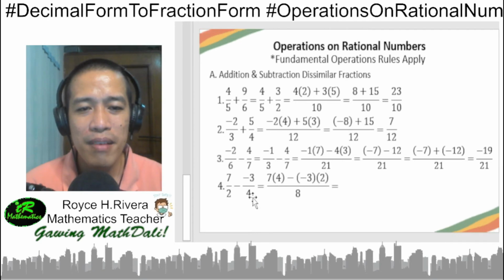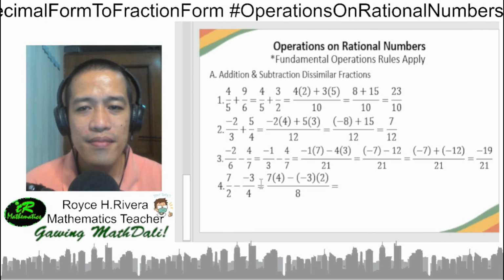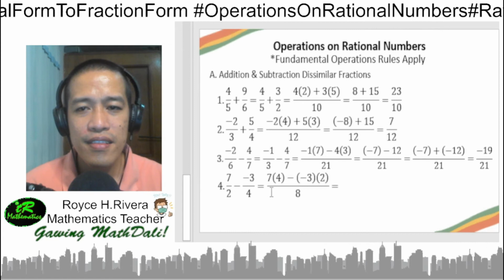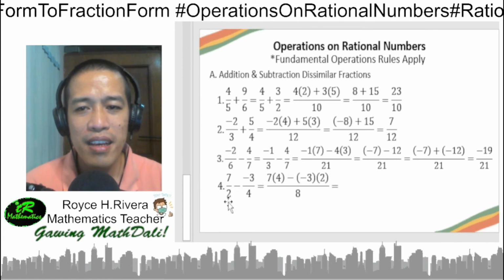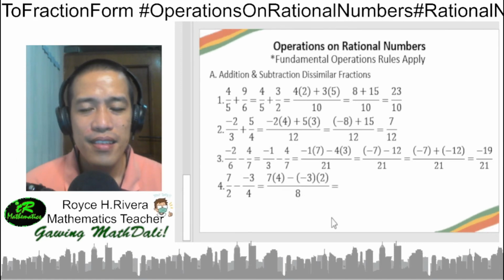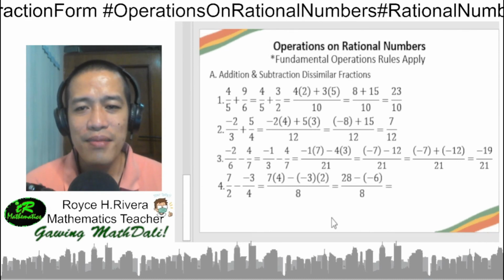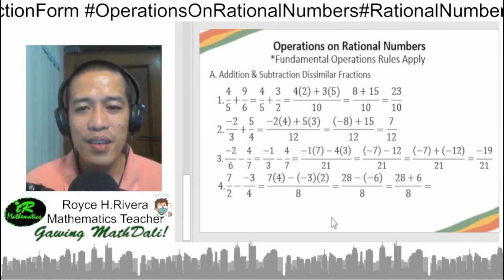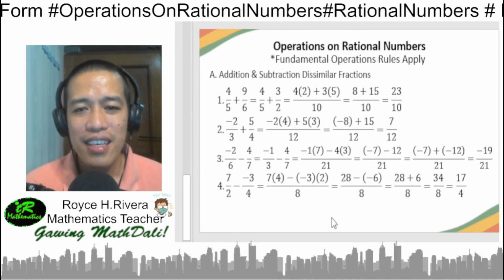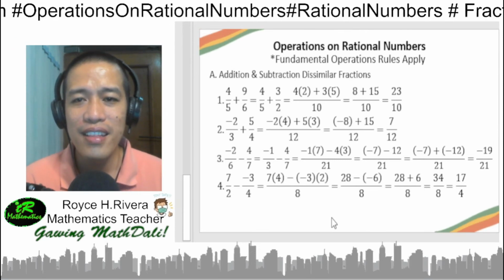Then the cross product of 7 times 4 minus the cross product of negative 3 times 2. We will have 28 minus negative 6. And that is equal to 28 plus 6 all over 8. That is equal to 34 over 8 or 17 over 4.